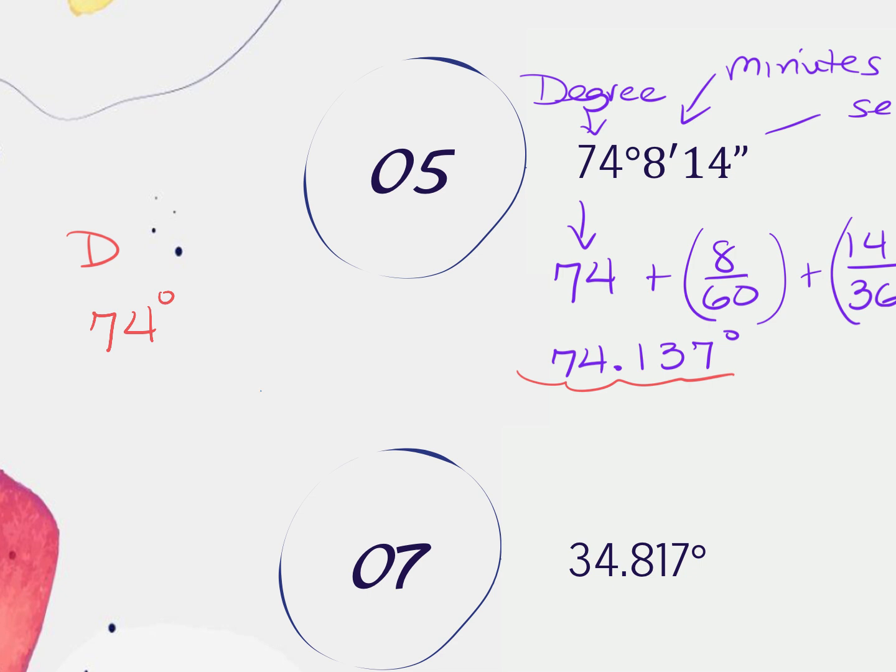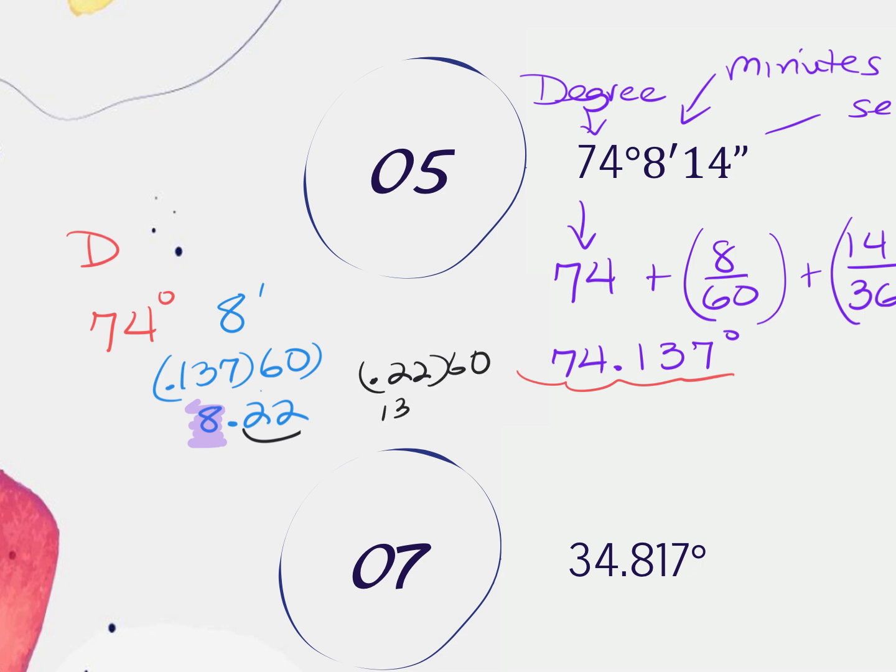So I take the 0.137, and I times that by 60, and then that gives me 8.22. I take the whole number, and that becomes my minutes. And then I take the decimal part, the 0.22, times it by 60 again. And then I get 13.2, and then that becomes my seconds.